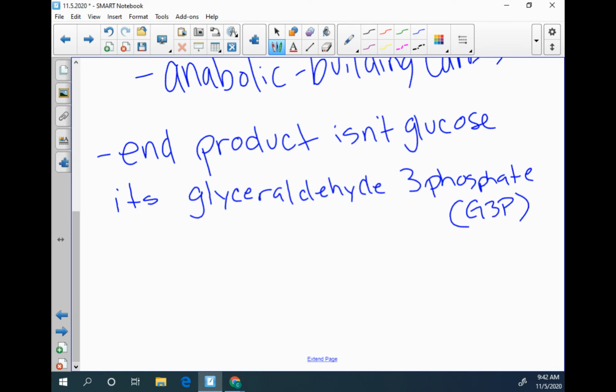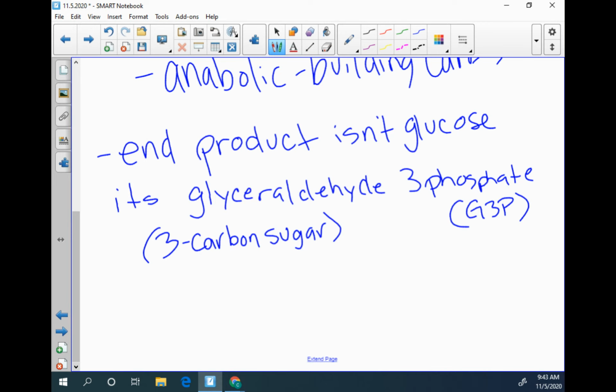Now, this is a 3-carbon sugar. And if you remember, glucose is a 6-carbon sugar, which means glucose is 2 of these put together. It's how we tend to store G3P. We don't just have G3P laying around. Glucose is a pretty common storage method for G3P. But the end product's G3P.